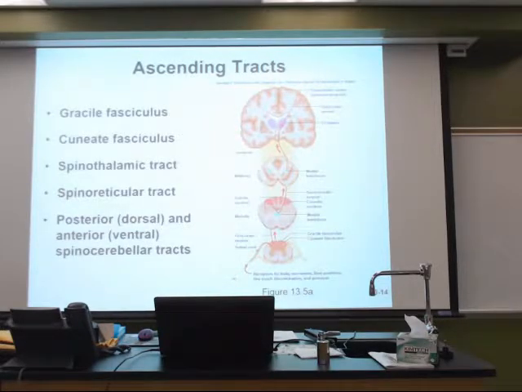So if I am on an ascending track, first of all, where does the information start? I have to have it start at a receptor, and I just kind of use my hand because that's easy to deal with.